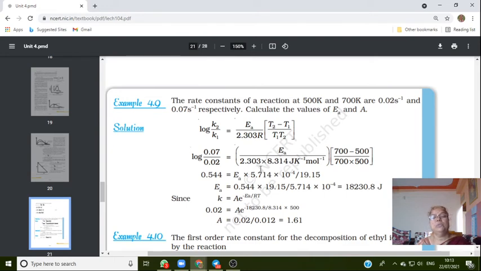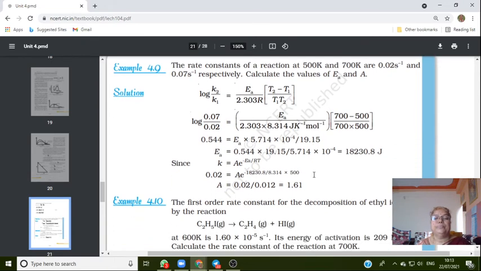Substituting the values of T1, T2 and K1, K2 and solving, we get 0.544 into EA, and 5.714 into 10 raised to minus 4 divided by 19.15, the product of these two.